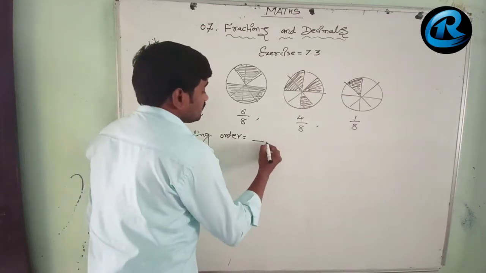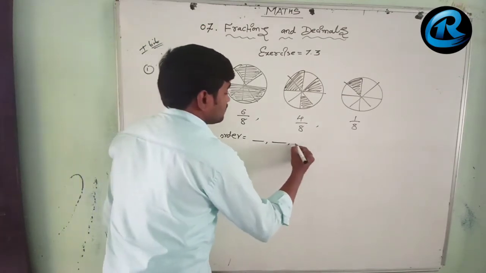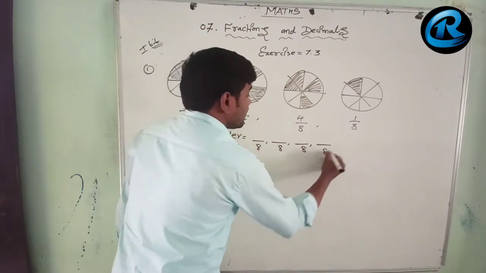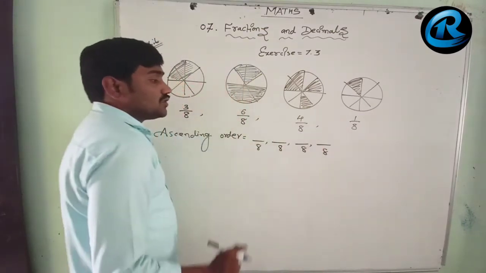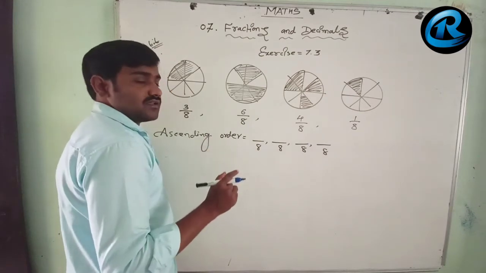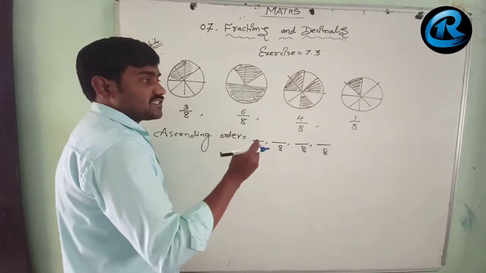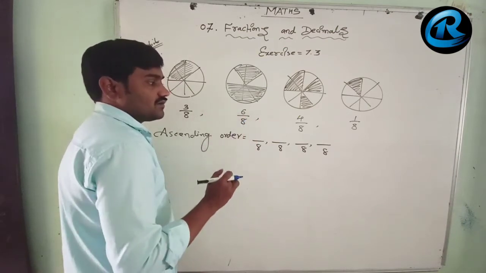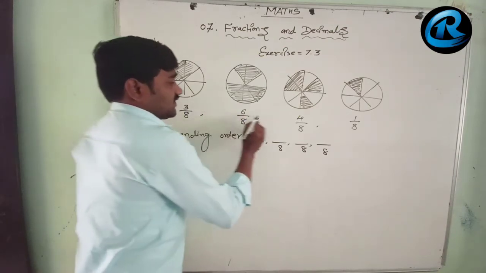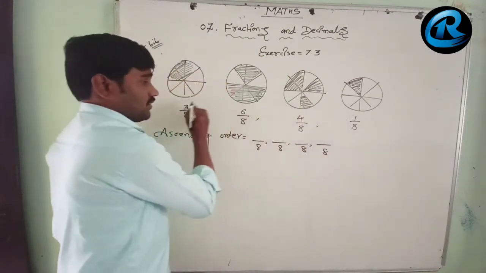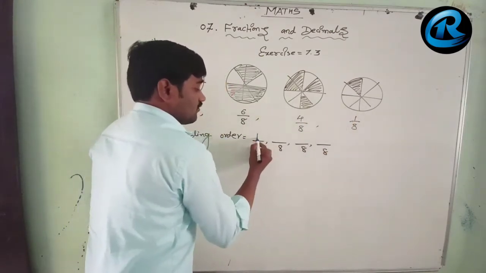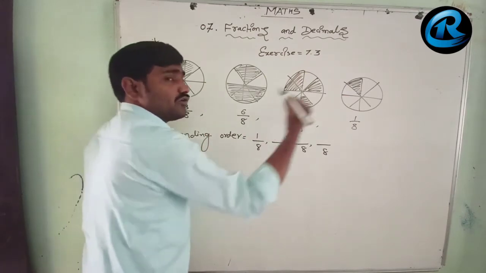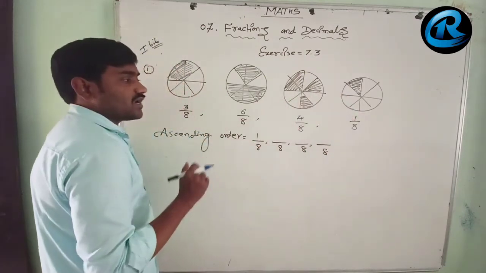First, see that all these have the same denominator, 8. In like fractions, the numerator which is less is the smaller one compared to all. So in this, which number is the smallest? That is 1, so 1 by 8. Ascending order is from the smallest value to the biggest value.